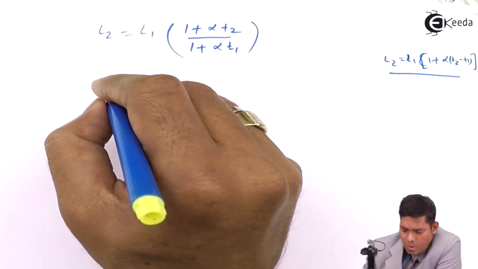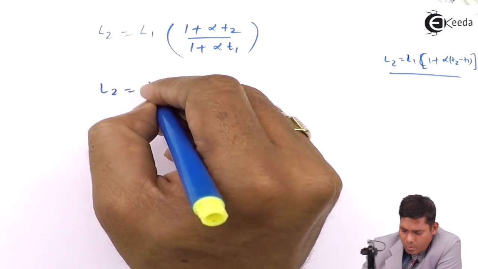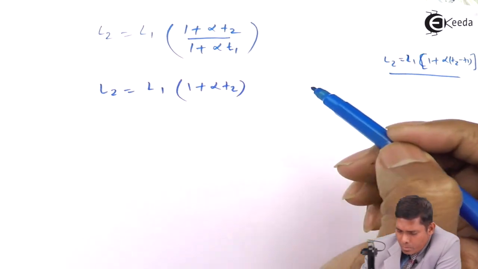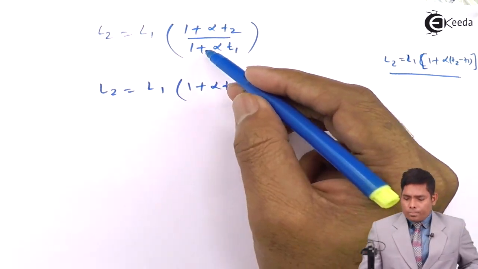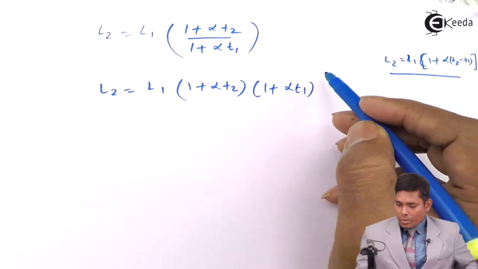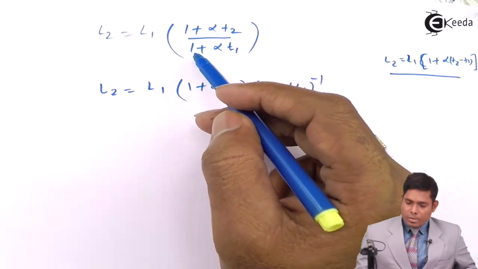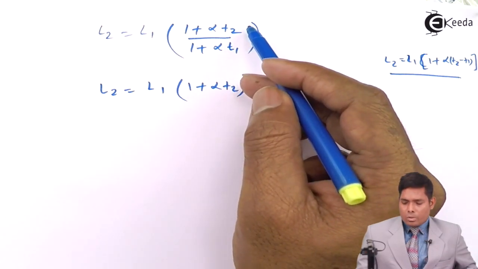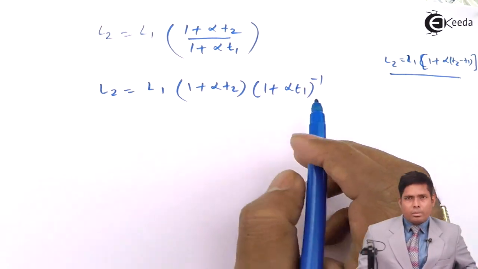So now L2 is L1 times (1 plus alpha T2), and this 1 plus alpha T1 will become to the power minus 1, because it is in the denominator. When it goes to the numerator, it is minus 1.